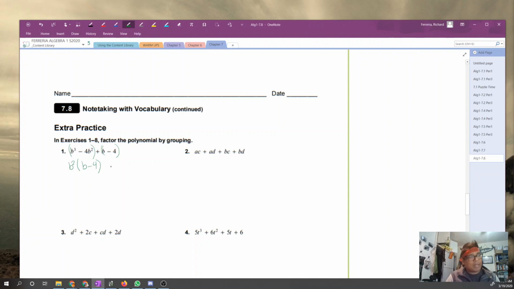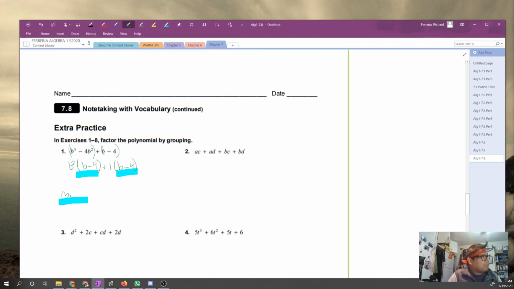So to make this look like I've factored, I'm going to factor out the 1. Now that I've factored out the 1, I take a look at what I have left, and I notice that both of these terms have a b plus 4. So I'm going to factor out that b plus 4.